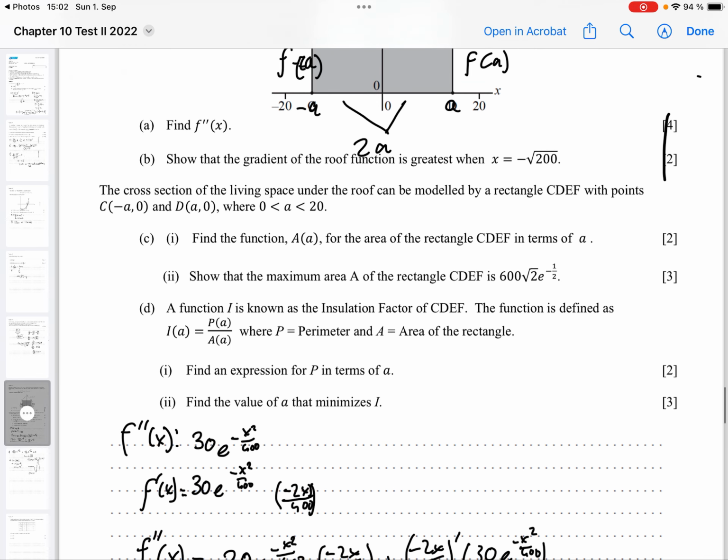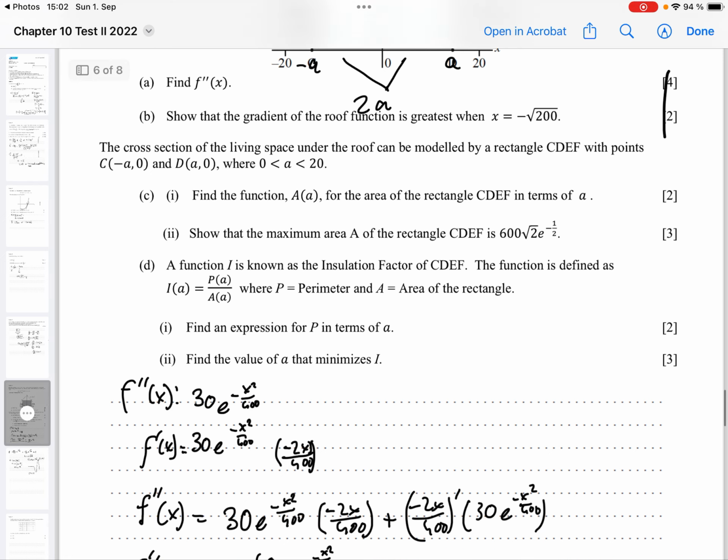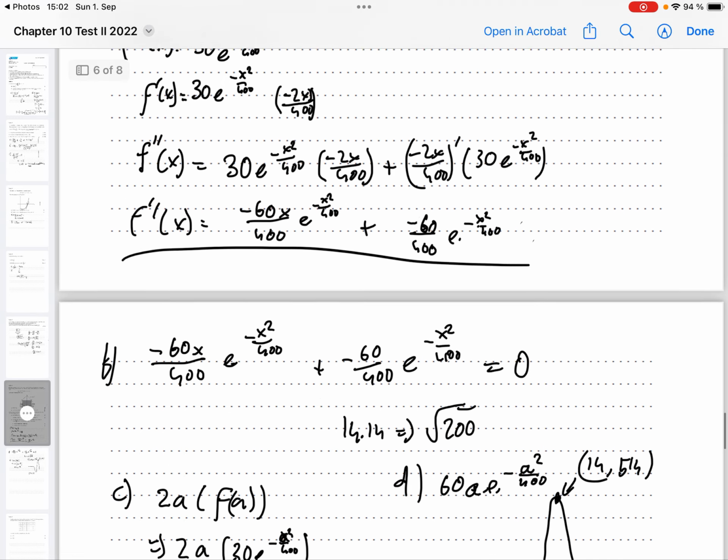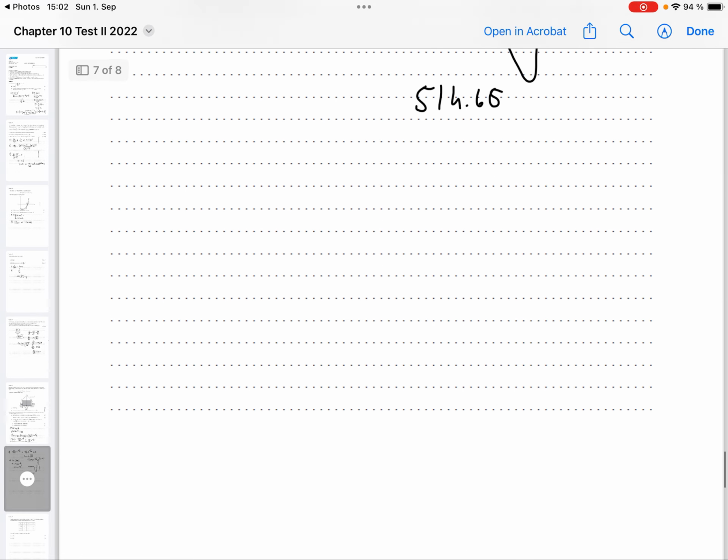Now part D says function I is known as the insulation factor of CDEF. The function is defined as I of A equals P of A over A of A, where P is perimeter and A is area. Find an expression for P in terms of A. So we know that the perimeter of a rectangle is equal to 2 times the base plus 2 times the height.